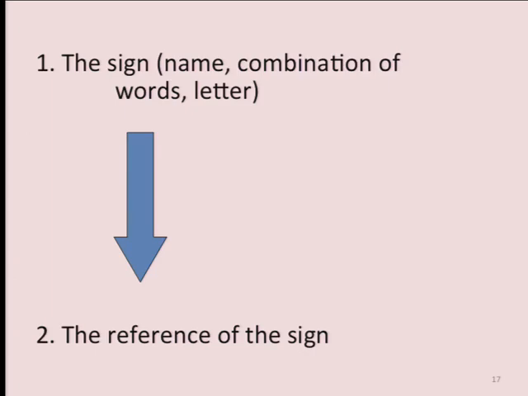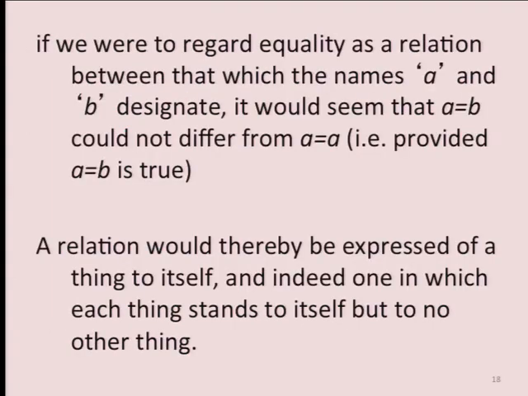Yeah, that's Frege's point. If you just got the objects here, then it's the same object. If we were to regard equality as a relation between that which the names A and B designate, which is the planet Venus or the Kryptonian or whatever it is, it would seem that A is B could not differ from A is A, provided A is B is true.